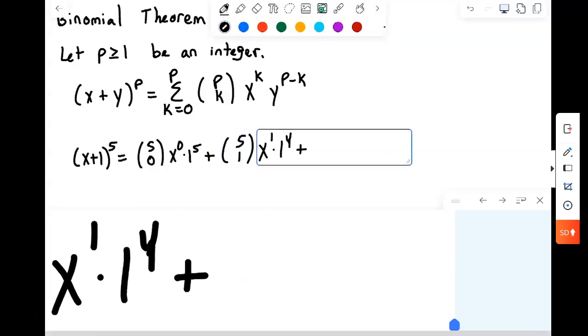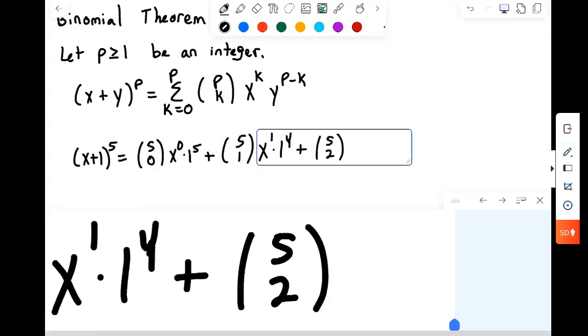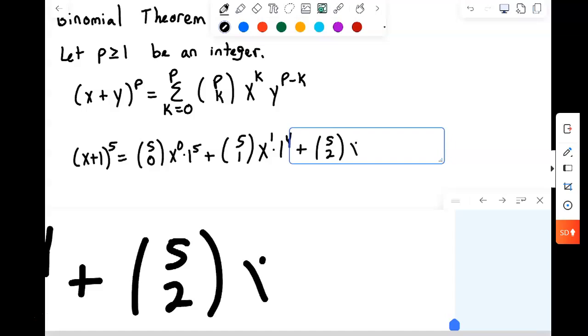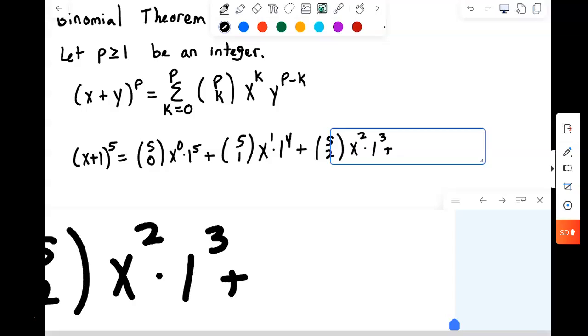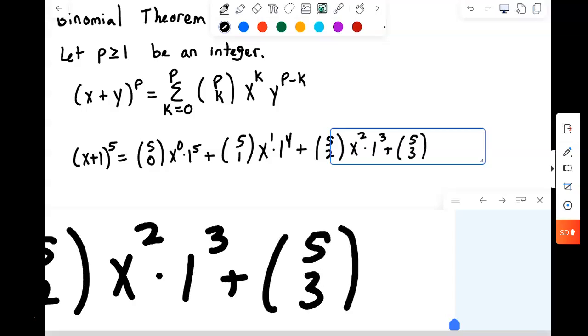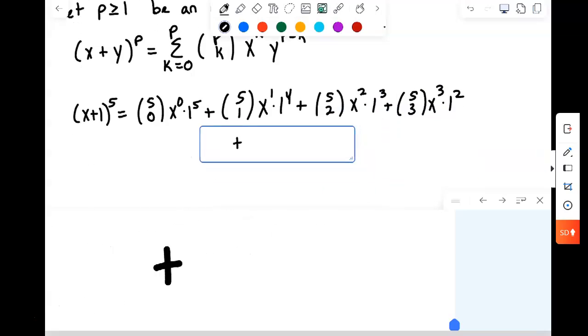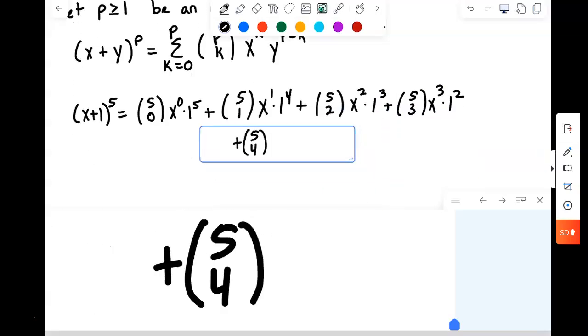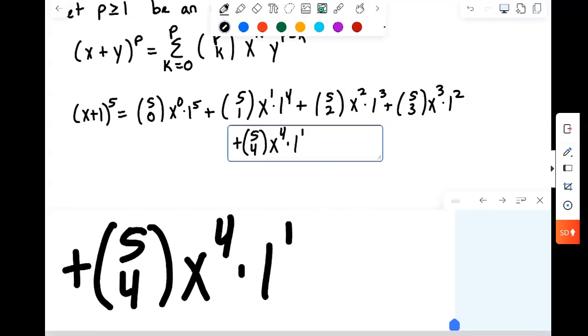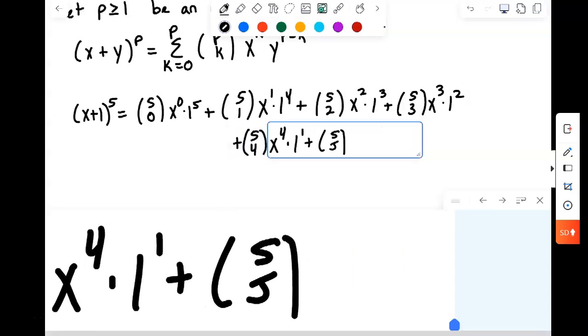Next term would be 5 choose 2, x squared times 1 cubed, plus 5 choose 3, x cubed times 1 squared, plus 5 choose 4, x to the 4th times 1 to the first, plus finally 5 choose 5 times x to the 5th and 1 to the 0 power.